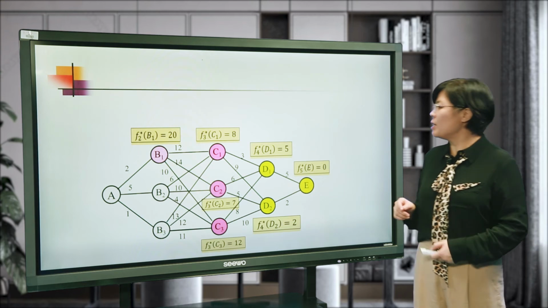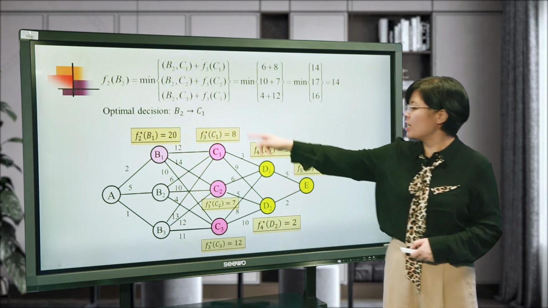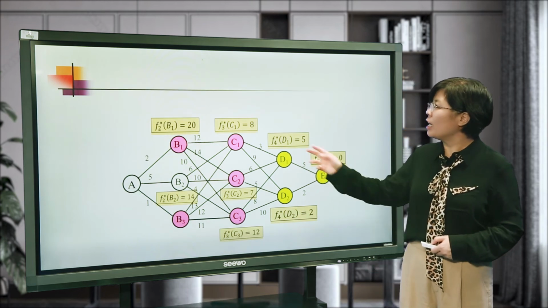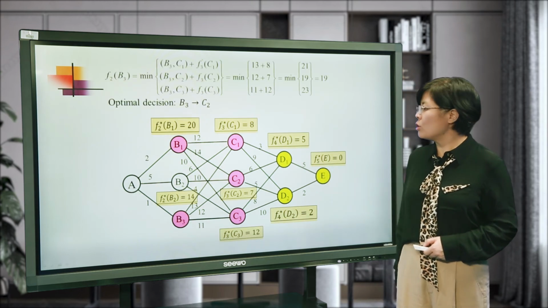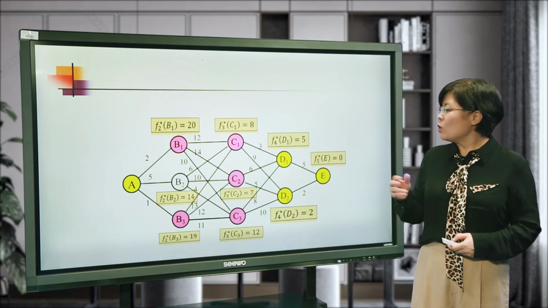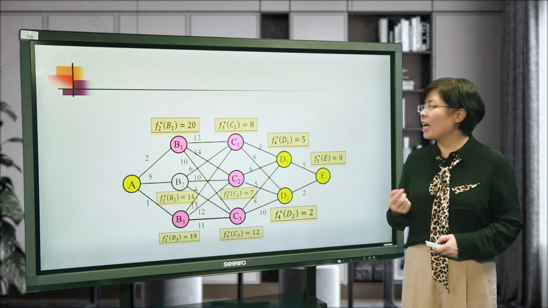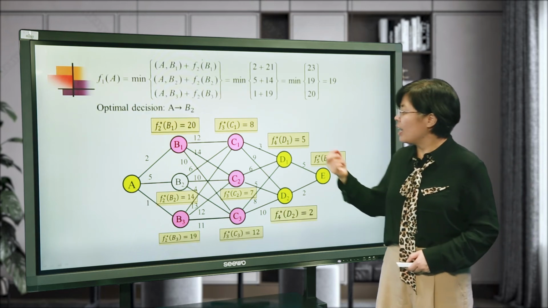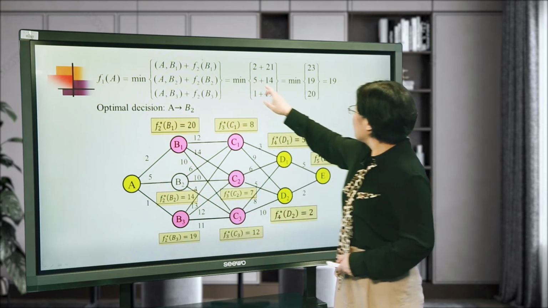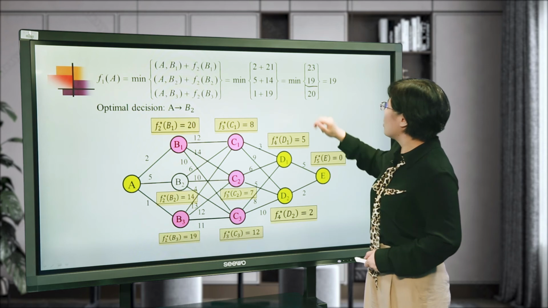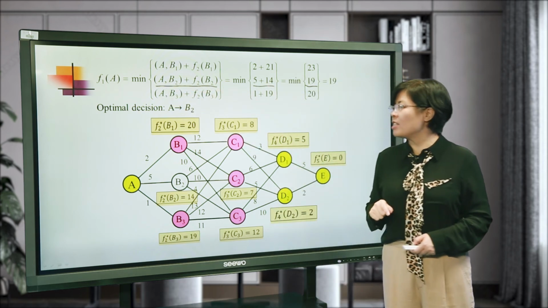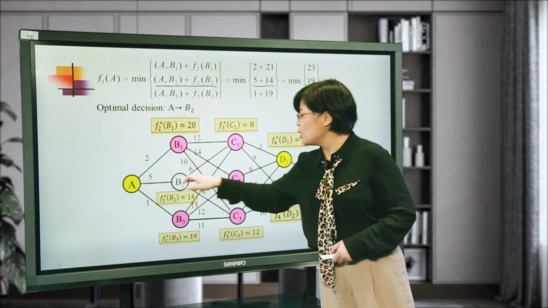Similarly, we can get the optimal decisions for B2 and B3. Okay, now go to the first stage, A. Using the same method, we take the minimum, and we get that the optimal decision is A to B2.